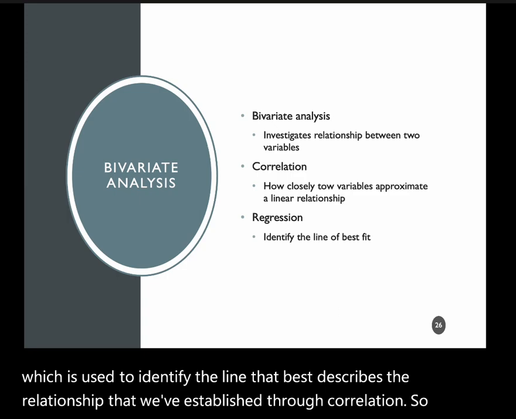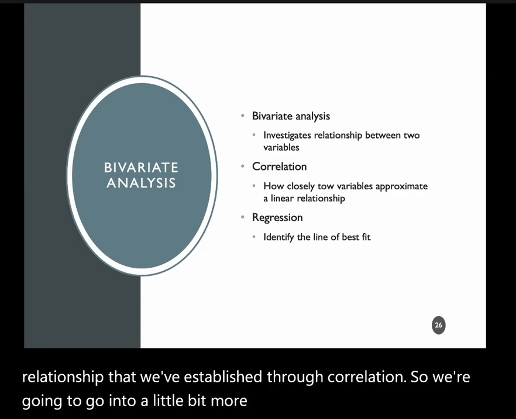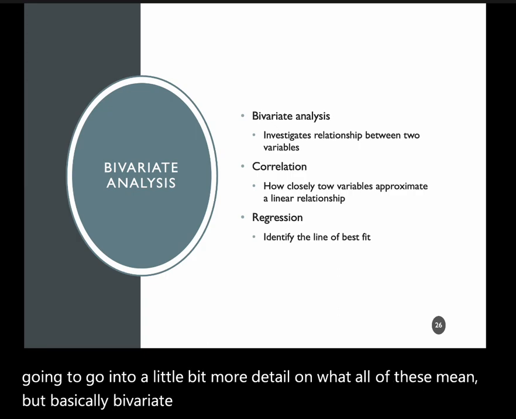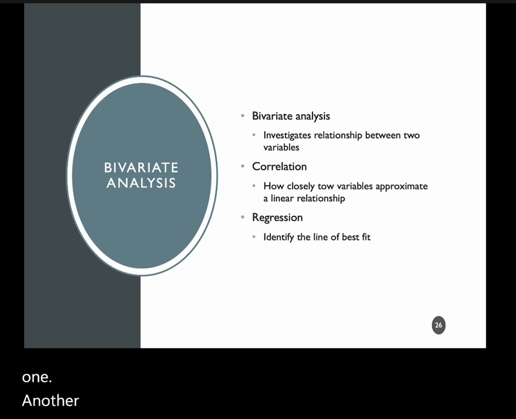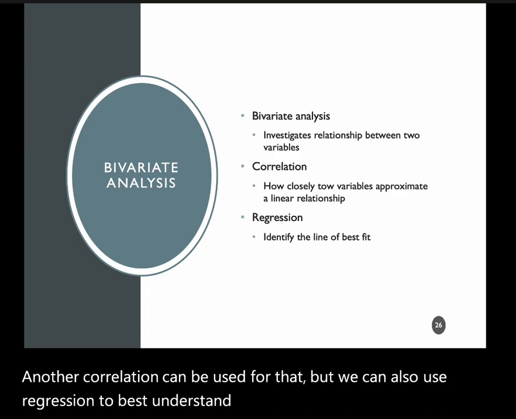So we're going to go into a little bit more detail on what all of these mean, but basically, bivariate analysis is our attempt in statistics to say, I want to understand how two variables influence one another. Correlation can be used for that, but we can also use regression to best understand how variables are related to one another.